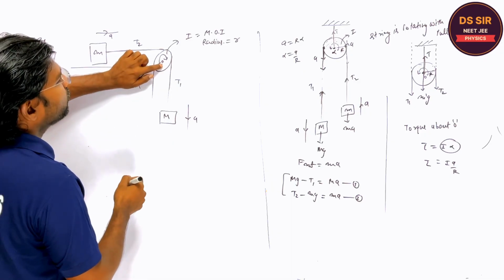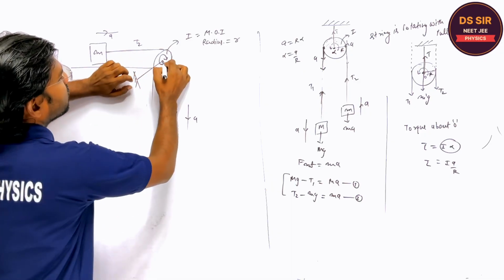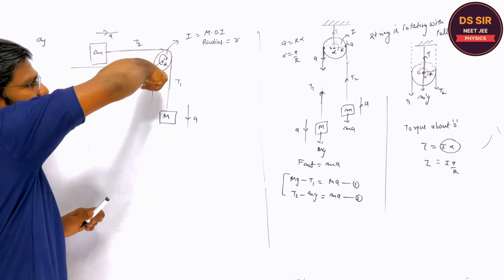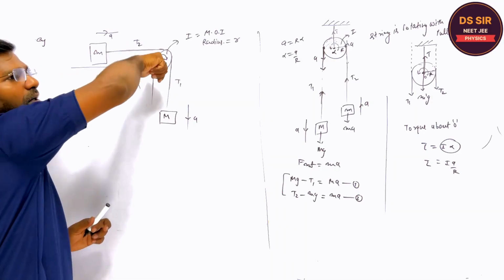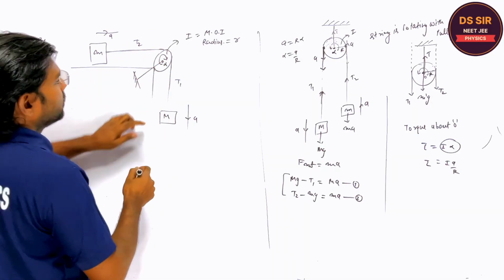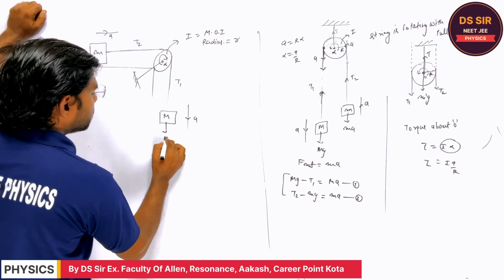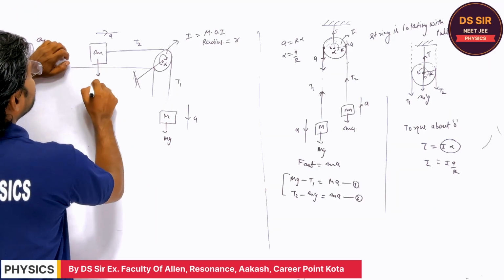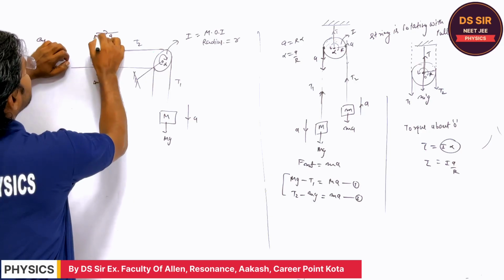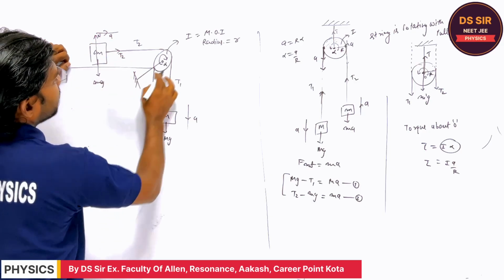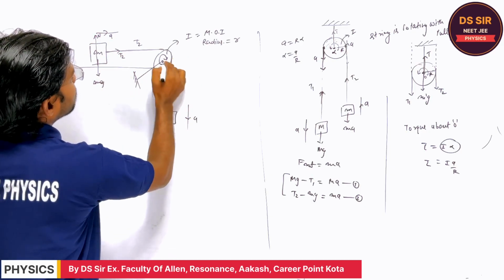So what is the direction of the angular acceleration alpha? Can you tell? Say, into the board, right? So here one equation you have to make for this, another equation you have to make for this. This is T2, and one equation you have to write for this.